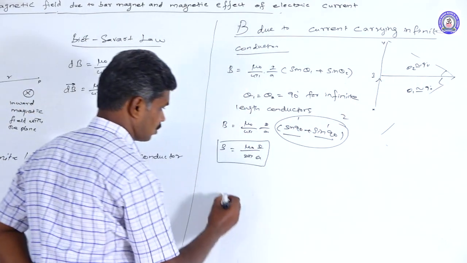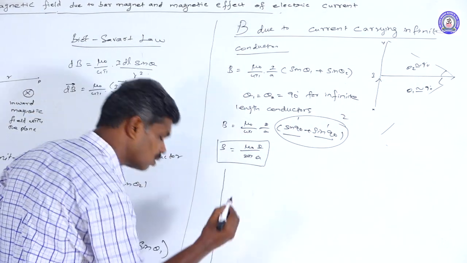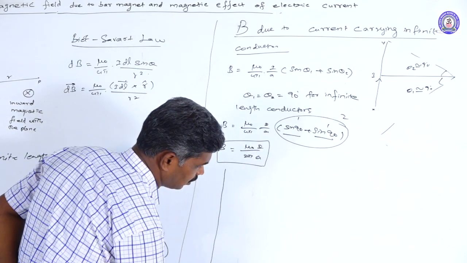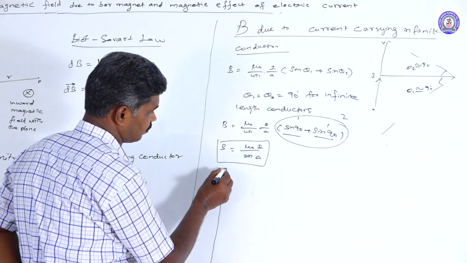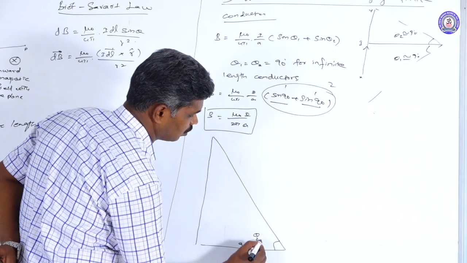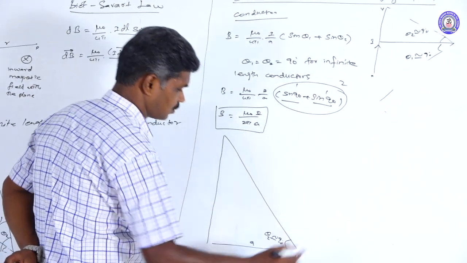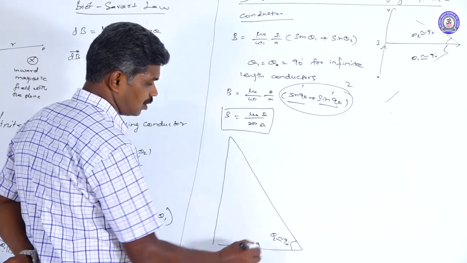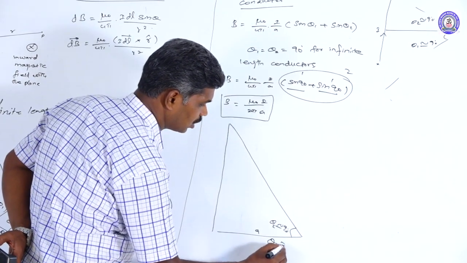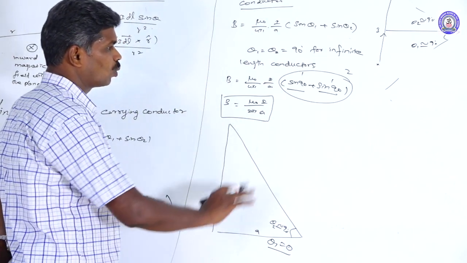For infinite long conductors, the formula for magnetic induction is mu naught I by 2 pi A at the midpoint. Suppose for the same infinitely long conductor we want to find the magnetic induction at this point, the distance is A. We have only one angle, theta 2 almost equal to 90, at the one end. Theta 1 is equal to 0 at that end.